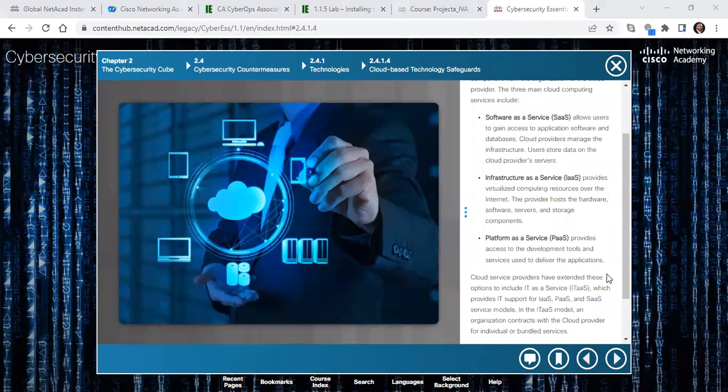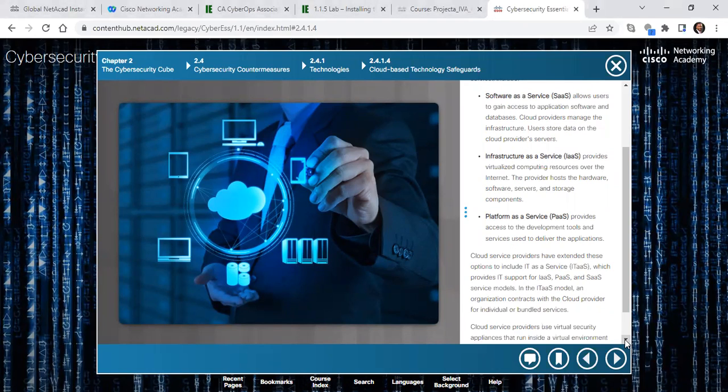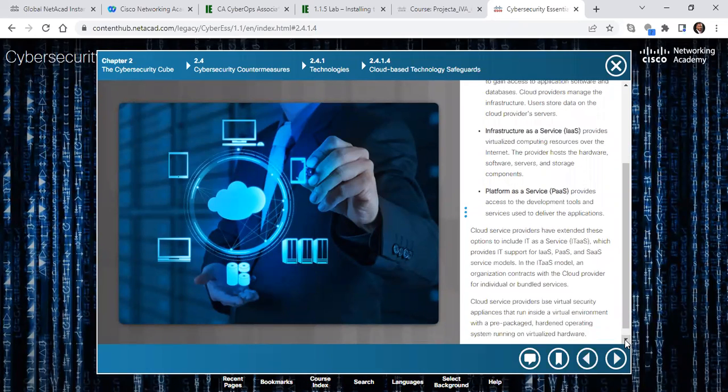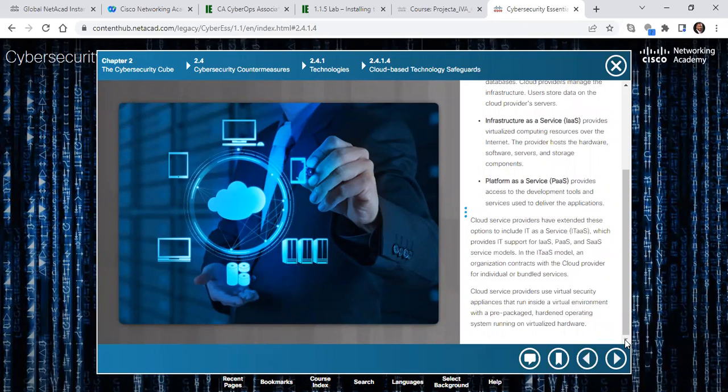Then we have what we call platform as a service, which is PaaS, which provides access to the development tools and services used to deliver the application. A cloud service provider has extended these options to include IT as a service, which provides IT support.